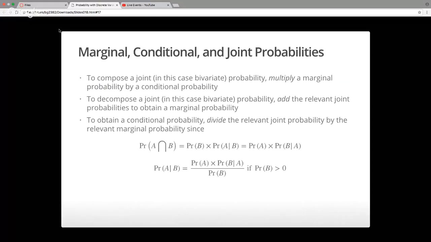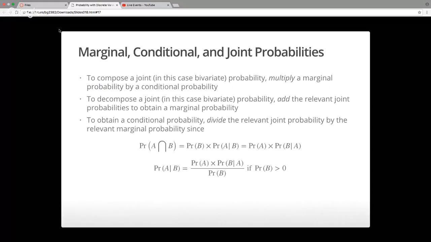But this on the left is also equal to the marginal probability that A is true multiplied by the conditional probability that B is true, given that A is true. And if these two things are equal to the same thing, namely the probability that both A and B are true simultaneously, we can just set these equal to each other, rearrange this a little bit by putting the probability of B over in the denominator over here, and we're left with this expression.